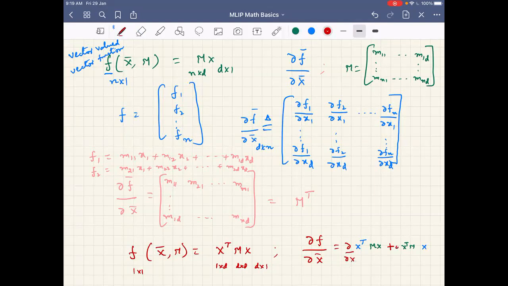Here, dou by dou x operates on this x. Every time I am operating on this x, and here on this x. So now, given this idea, will you be able to tell what is the answer? Given this idea, what is the answer now?